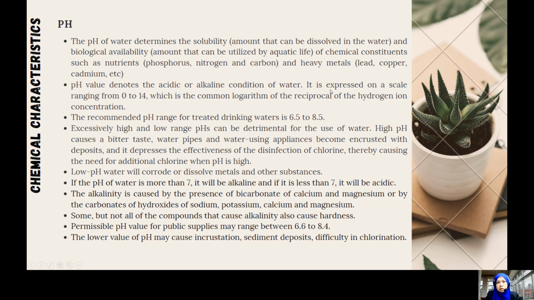It is expressed on a scale ranging from 0 to 14, which is the negative common logarithm of the hydrogen ion concentration. The recommended pH range for drinking water is between 6.5 to 8.5.